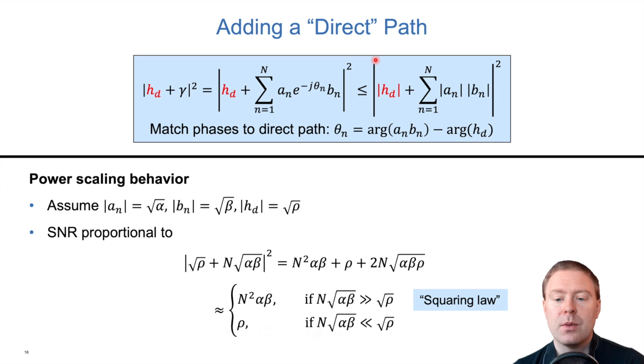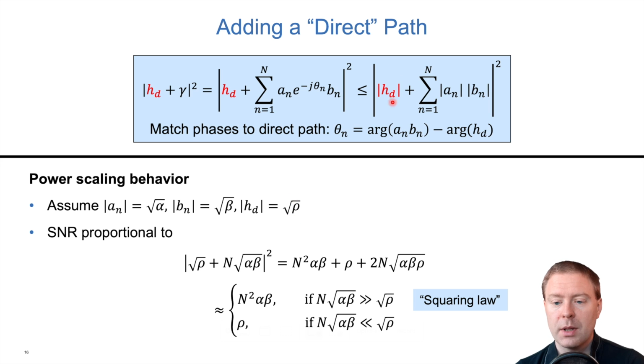What will then happen with the power when we are considering the signals like this? Well, to get more insight into this, instead of having a lot of different terms here, let's simplify. Let's say that the absolute value of an is equal to the square root of some parameter called alpha. And the absolute value of bn is beta with the square root on it. And the absolute value of HD, I will call it square root of rho.